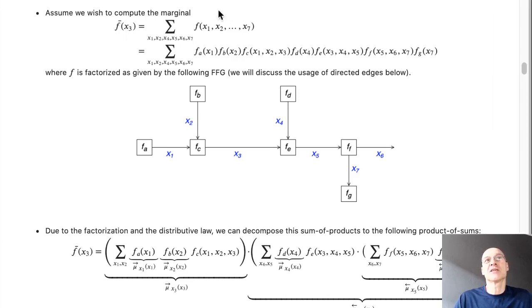This is the computation I need to do, and this in general could be a very large space, but we're going to take advantage of the fact that we assume this factorized structure. So in other words, we assume this factor graph structure here.